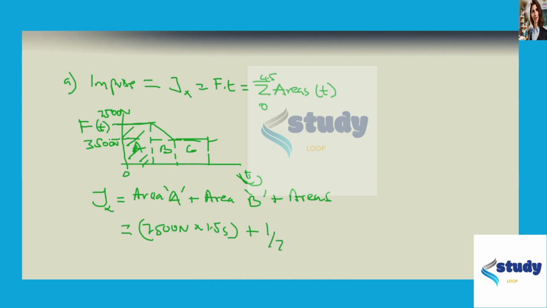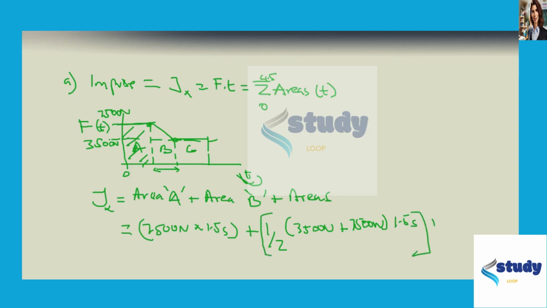The second part is a trapezoid, so we have 3,500 newtons plus, this distance right here. We have this height, which is 7,500 newtons. And then you want to multiply that by the time interval, which is 1.5 seconds.